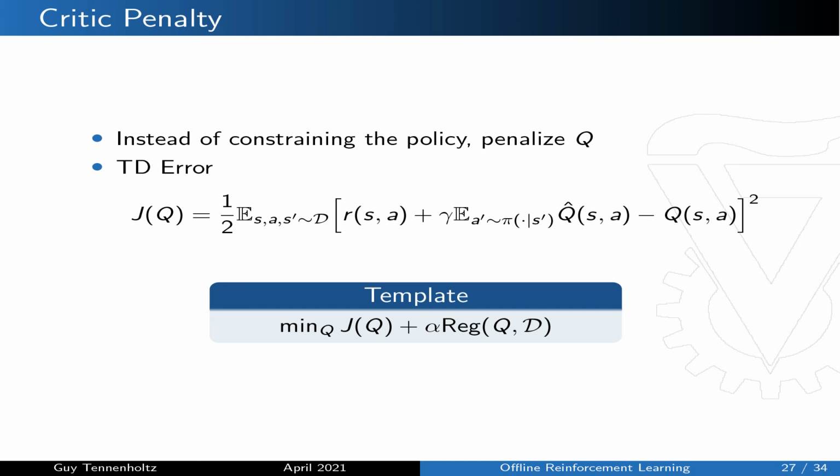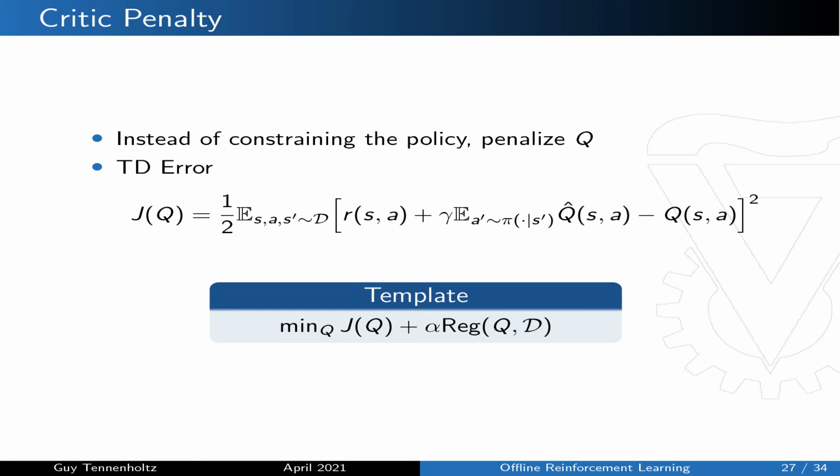This is what we would do in both general actor critic and Q-learning. But as you saw, this is not a good thing to do in offline reinforcement learning, because it makes us too optimistic.